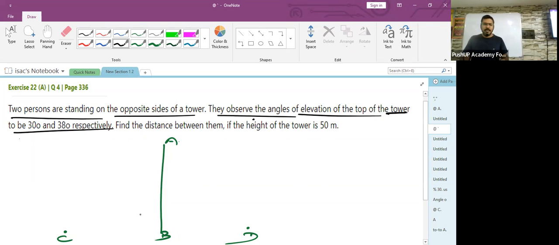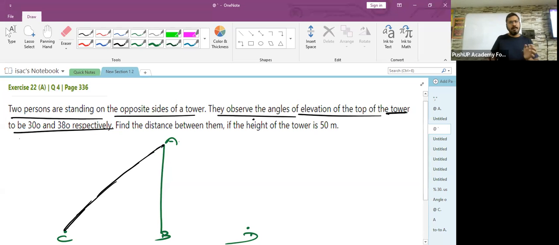That means when the person who is standing at point C is looking at the top of the tower, the angle of elevation created is how much? The angle of elevation created is 30 degrees. All right. You can also take this as 38 degree. That is up to you. Okay. I considered it as what?